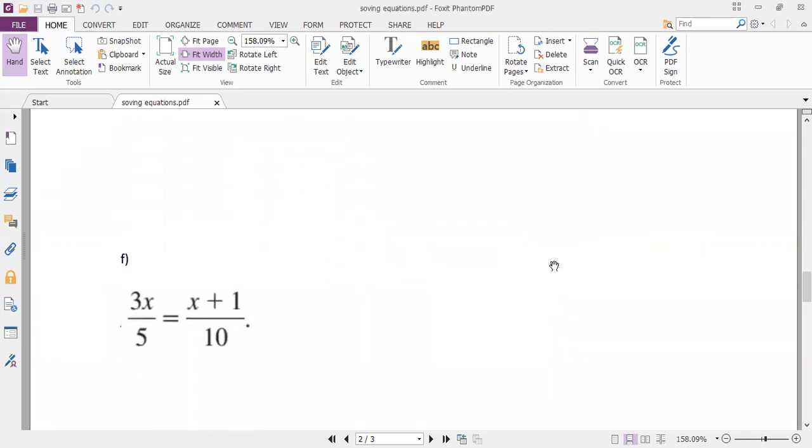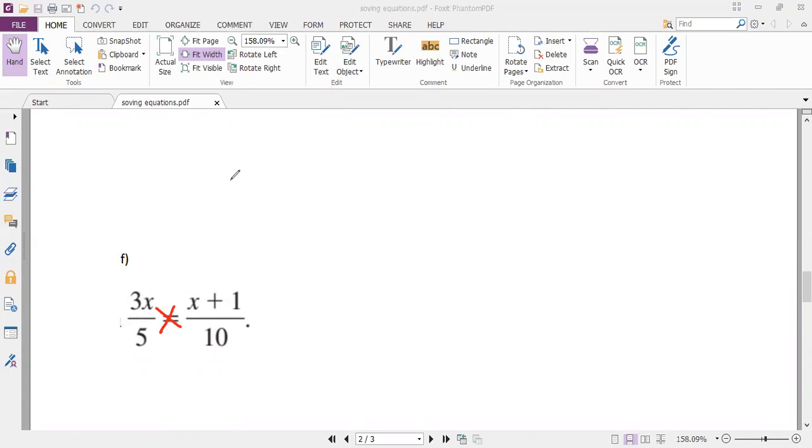The next one seems to be complicated, but we will do it. I told you to do cross multiplying, if you remember. I have a fraction equals a fraction, so do cross multiplying. Just write it in a line without a denominator.